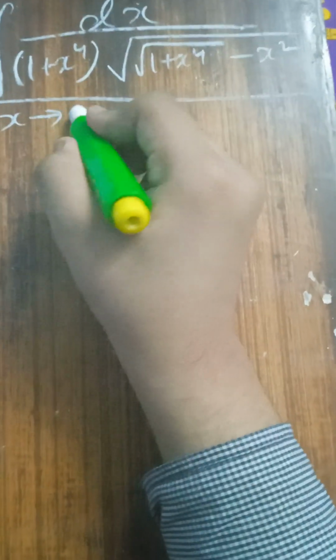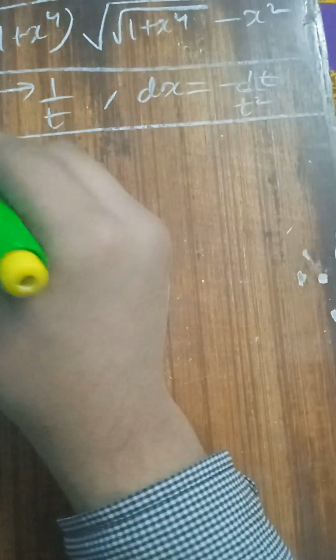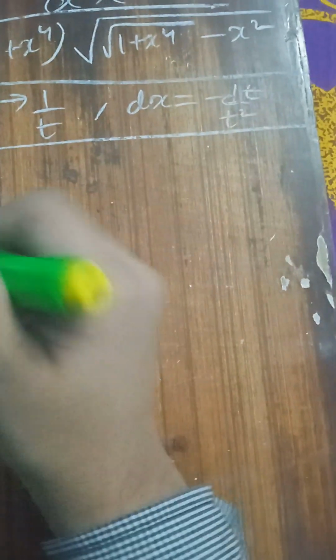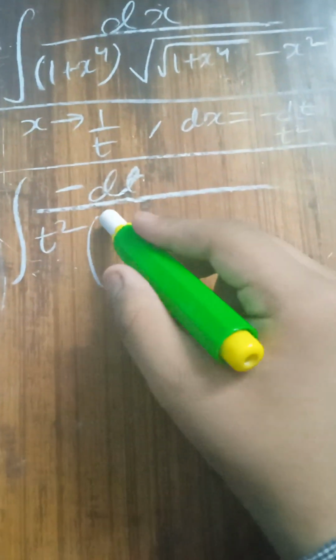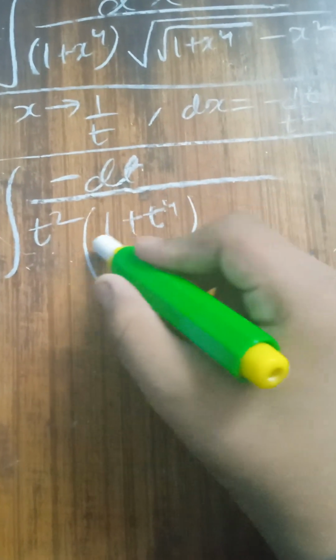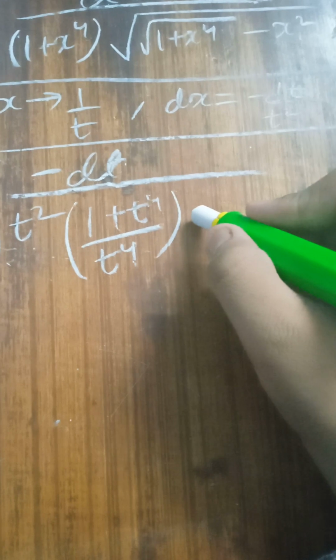I replace x by 1 by t, then dx will become minus 1 by t square dt. So the integral becomes minus dt by t square times (1 plus t^4) by t^4, and from here I will get t cube out.